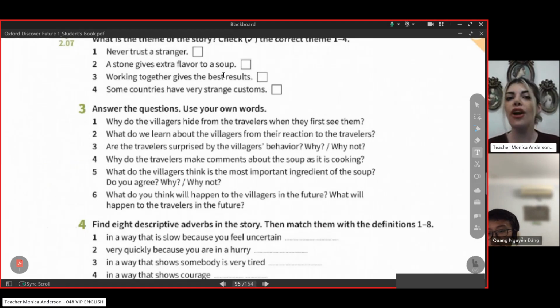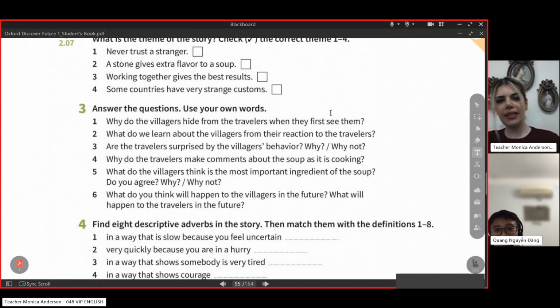Use your own words. Number one, why do the villagers hide from the travelers when they first see them? I think they were smart, of course.